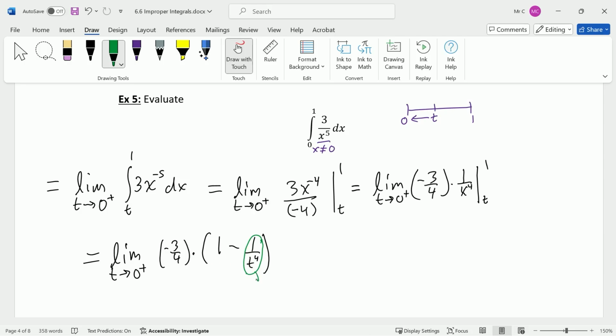So this fraction approaches positive infinity. But I've got a negative out in front, so this whole factor approaches negative infinity, and then I'm multiplying by a negative again, so the whole limit approaches positive infinity. So we say the integral diverges.